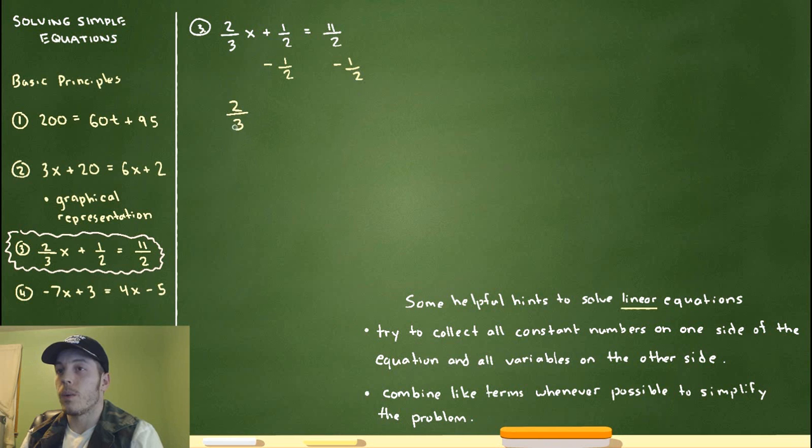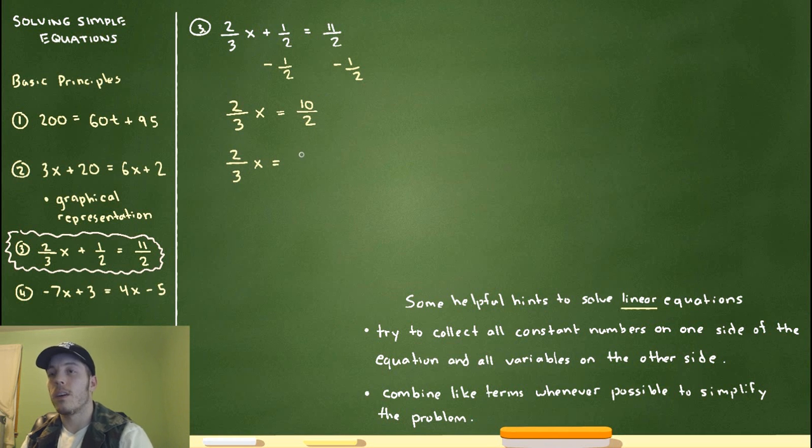So now we have the new equation, 2/3 x is equal to, now 11/2 minus 1/2 is going to be 10/2. Okay. So let me just rewrite that in a different way. We have 2/3 x is equal to, instead of writing 10/2, that just simplifies to 5. So that's what we have at this point.